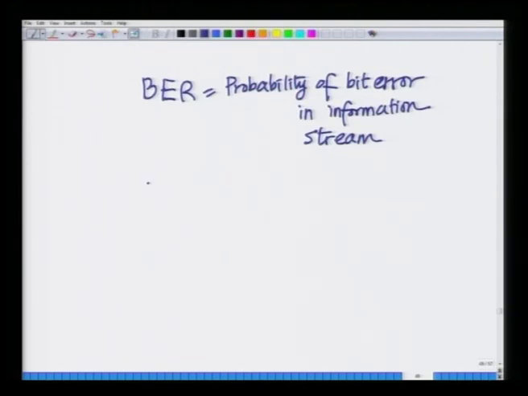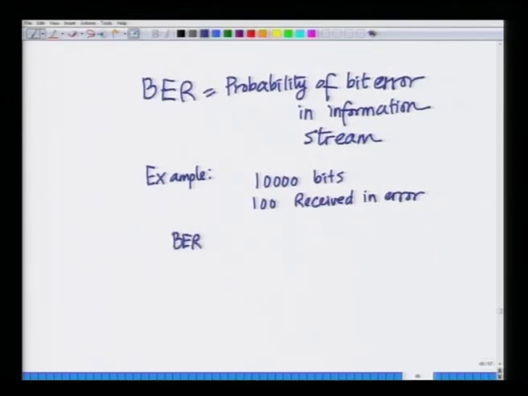For instance, let me give you an example. If I transmit 10,000 bits and 100 of them are received in error, then the bit error rate is simply 100 divided by 10,000, which is essentially 10 power minus 2 or 0.01.